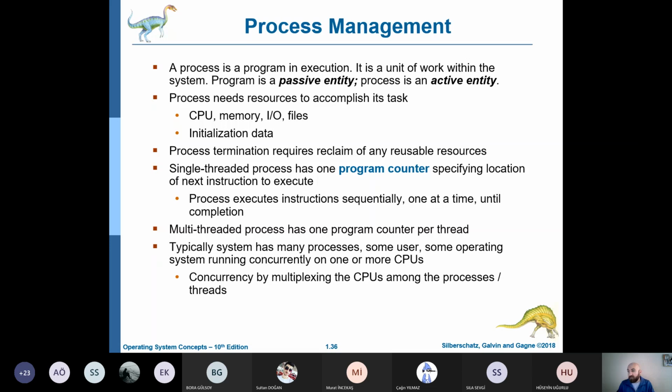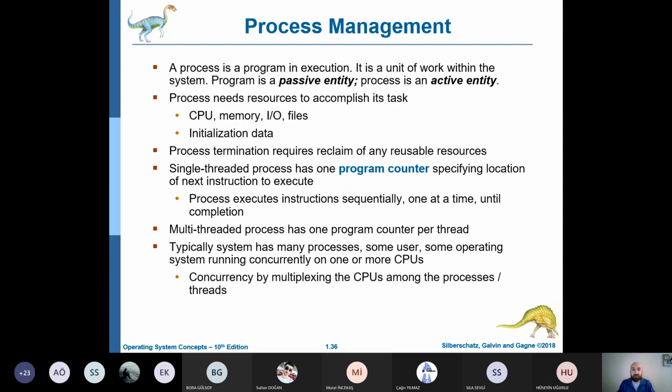And also, we can directly say that a process is the unit of work in a system. For that reason, we just call every instance of a program a process. A system consists of a collection of processes, some of which are operating system processes, and the rest are user processes.